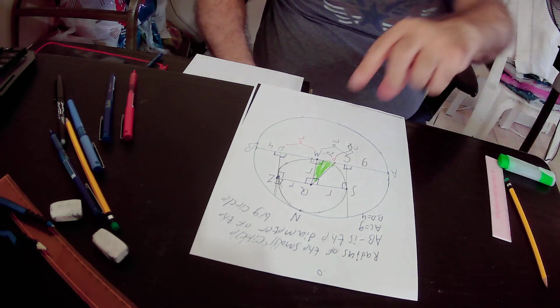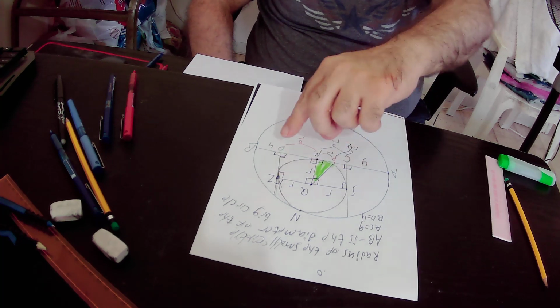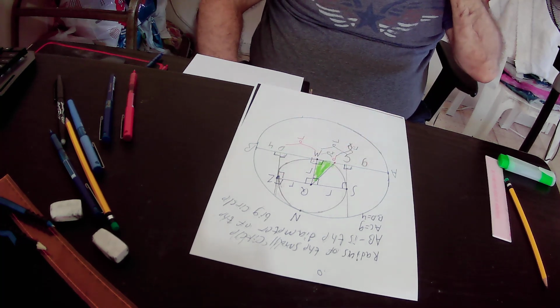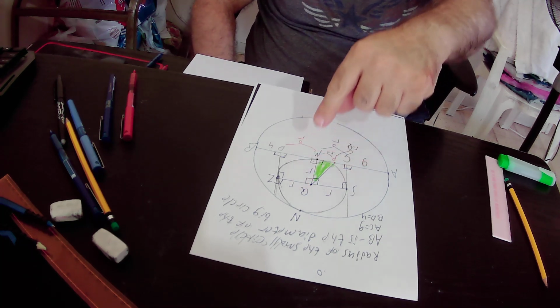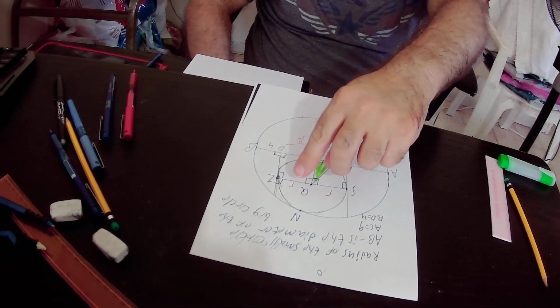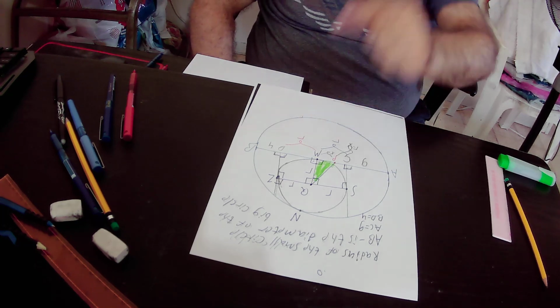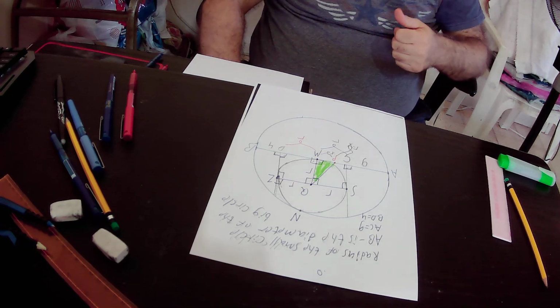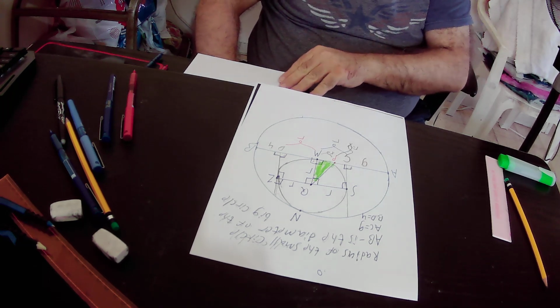So QZ is opposite to MD, therefore QZ equals MD. And we know that QZ equals small r, so MD, which equals QZ, will also be equal to small r. So we proved that MD equals small r.